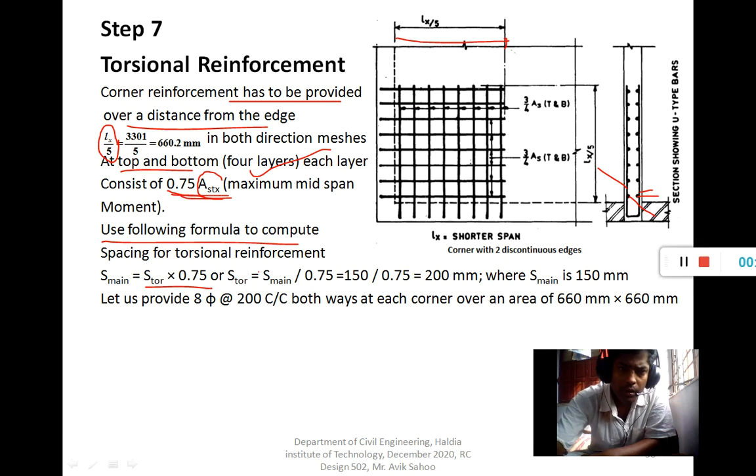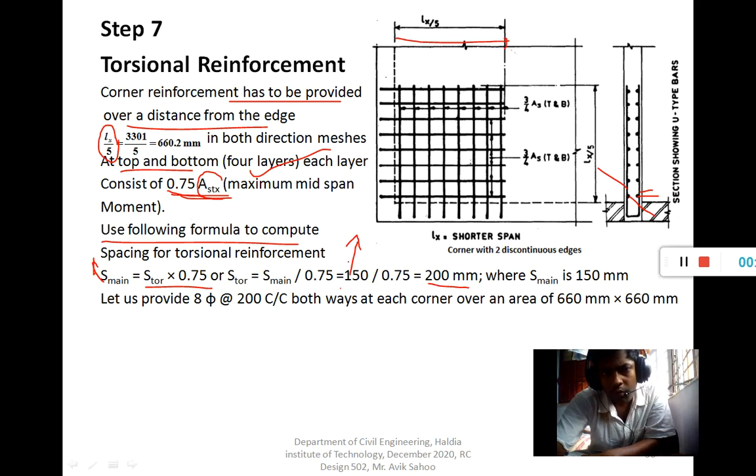So S main by 0.75: 150 is the spacing we provide in span, so the torsional spacing is 150 by 0.75, and we get 200 mm. This is a simplified thing we have used, as 0.75 Ast is used.